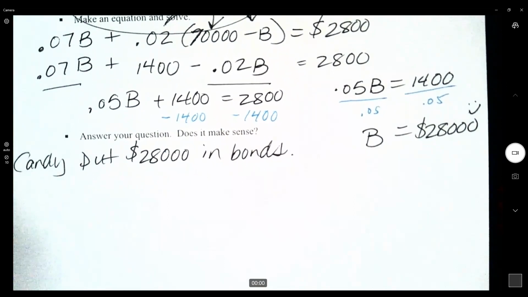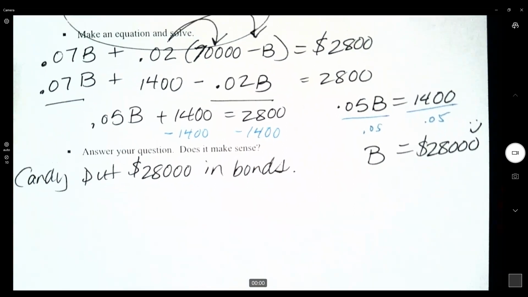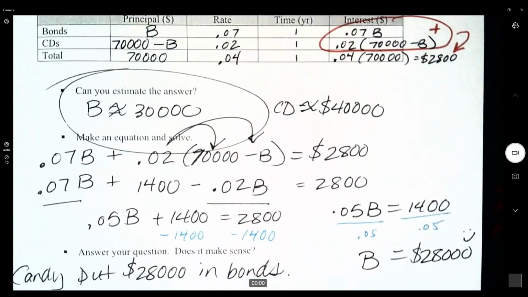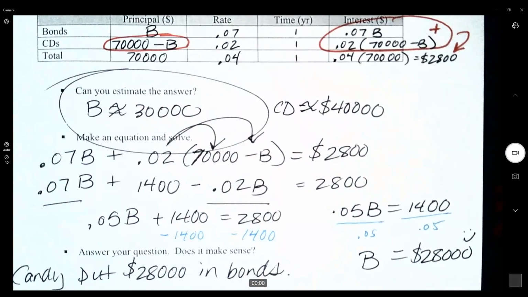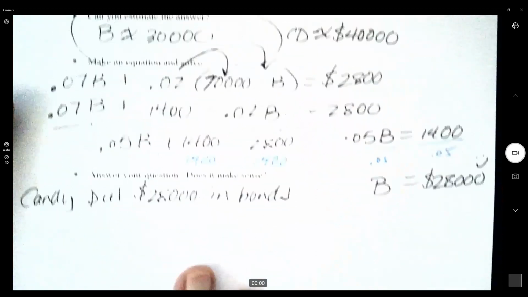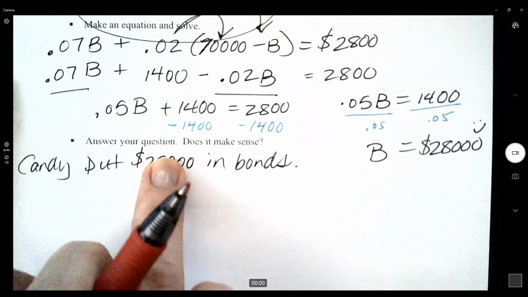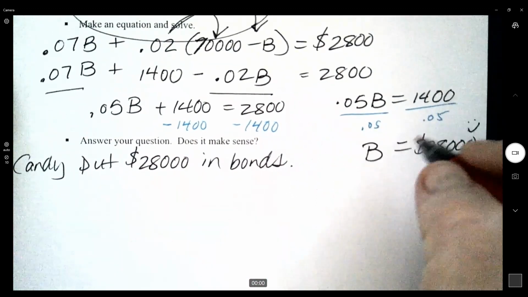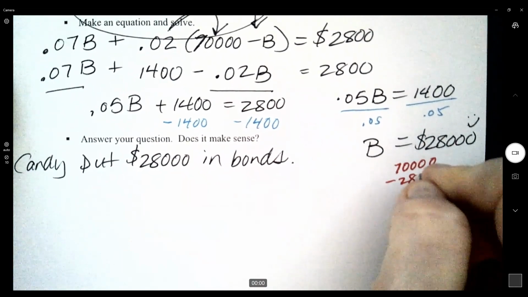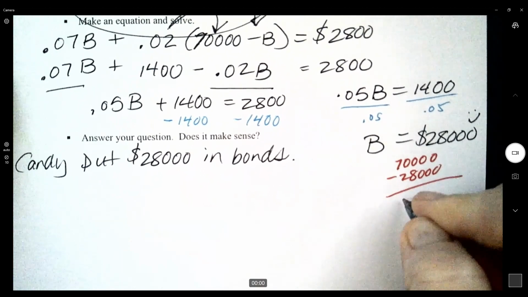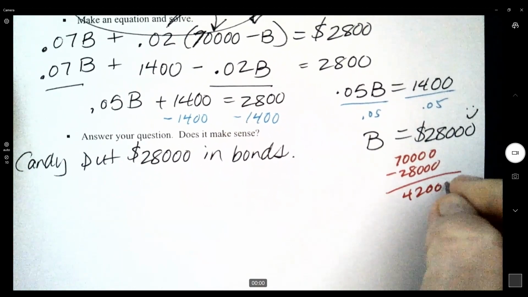But we also have to calculate how much she should put into the CDs. Well, remember, CDs is a total of 70,000 minus the bonds. Remember, she has to total 70 grand here. So let's subtract that number from 70 grand. That gives me $42,000.